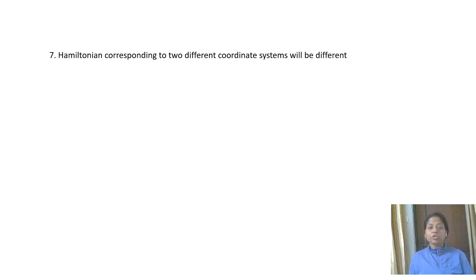Next, the Hamiltonian corresponding to two different coordinate systems will be different. This is a very important result. You should remember that if you have one coordinate system, which is the configuration space, you will define a Lagrangian there. Suppose your space is transformed.